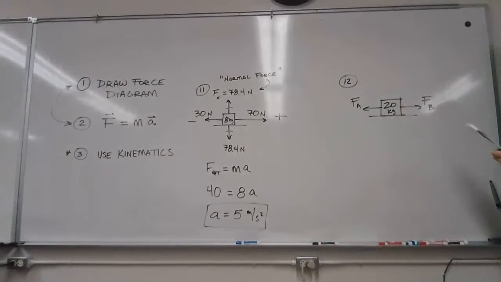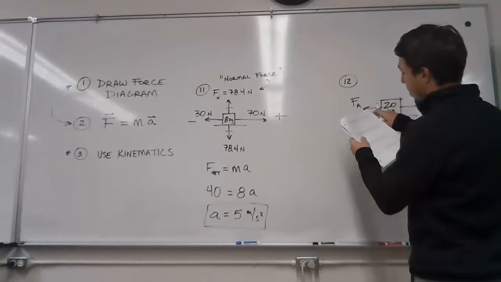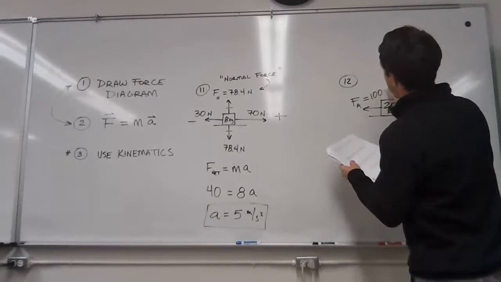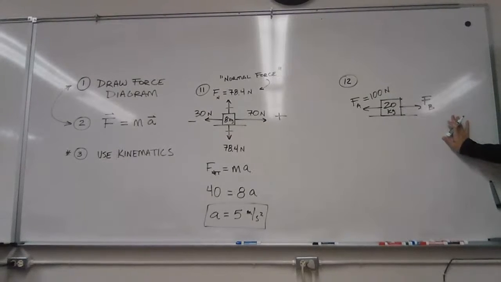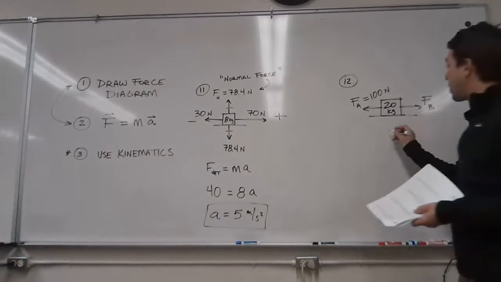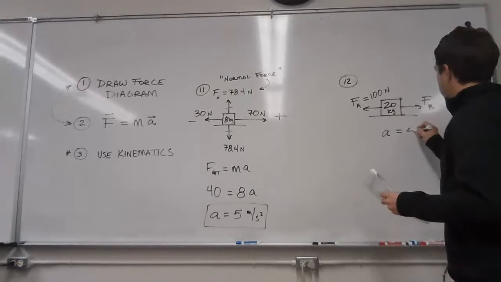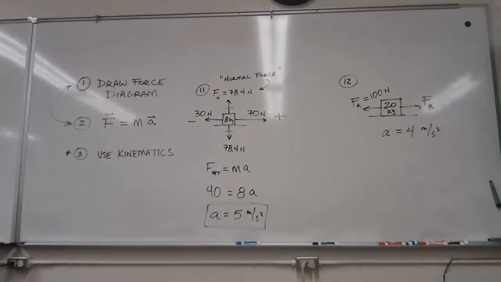And we know that the tension in rope A is 100 newtons. And then the block experiences a rightward acceleration of 4 meters per second squared. So we know the acceleration is 4. Okay, so what do we do now?